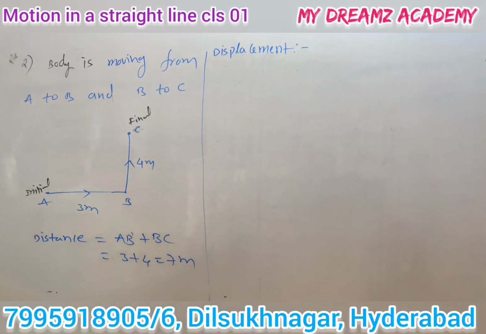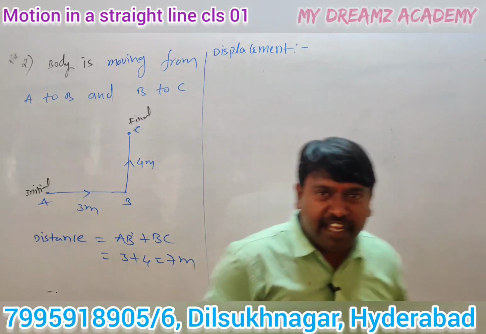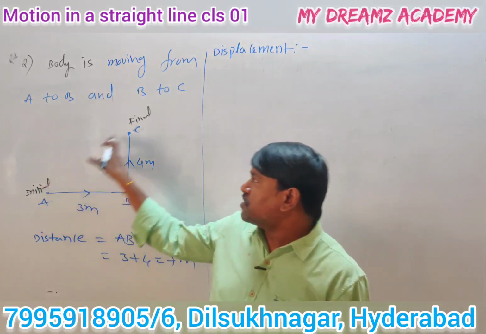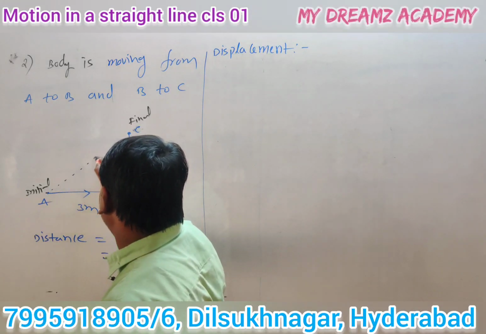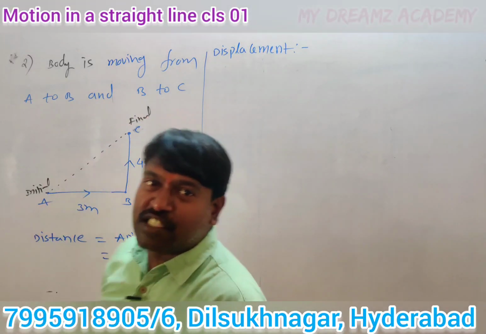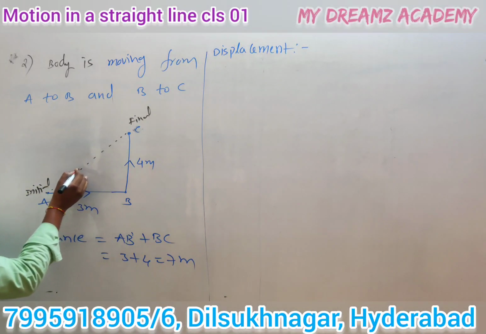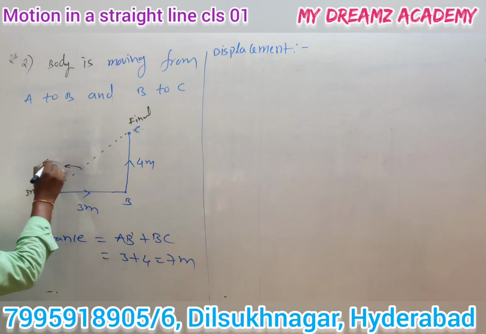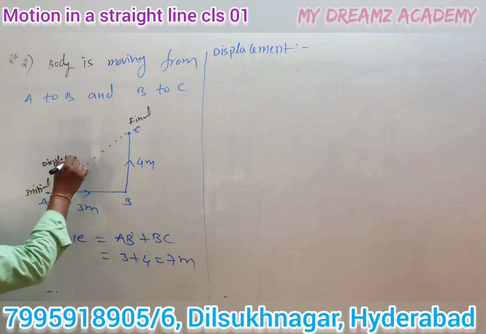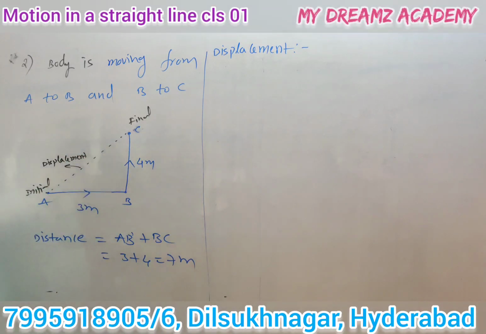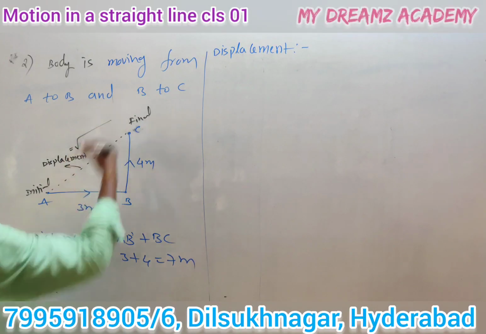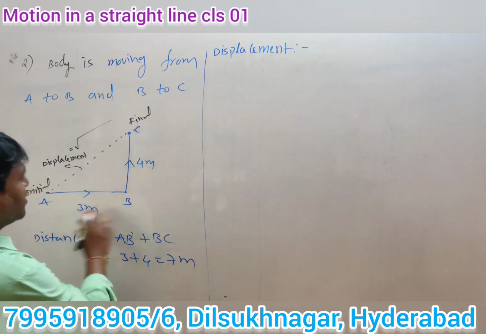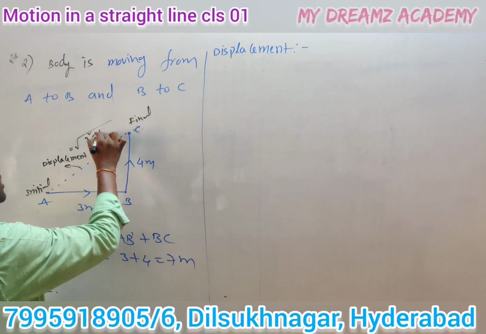This is the shortest path between them, and this is called displacement. If we consider this as a right angle triangle, the displacement is nothing but the hypotenuse. The hypotenuse value is the square root of side squared plus side squared, 3 squared plus 4 squared. This is the displacement.